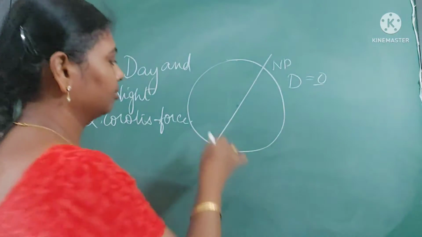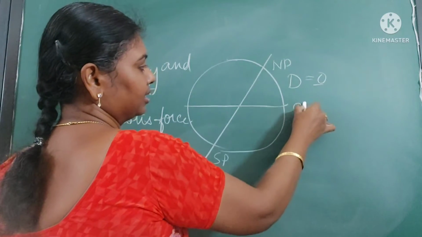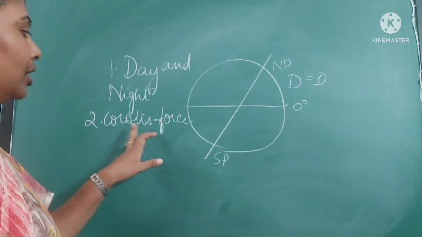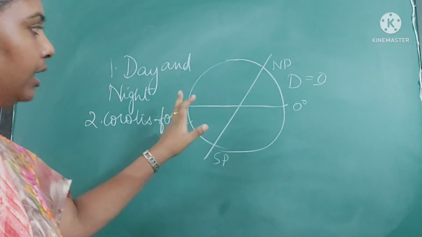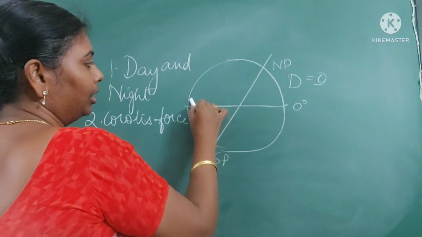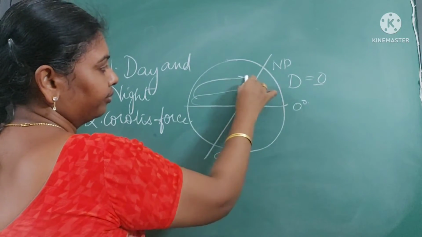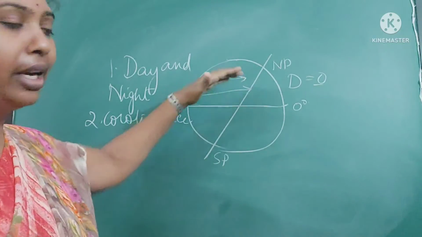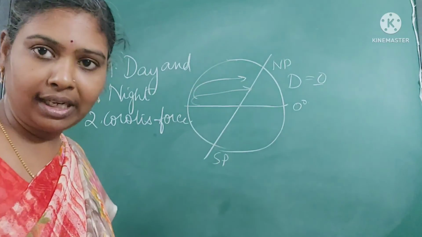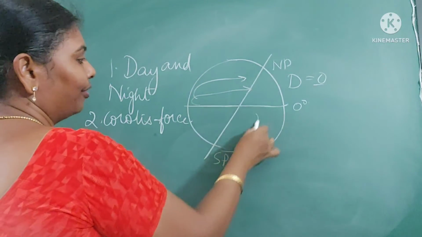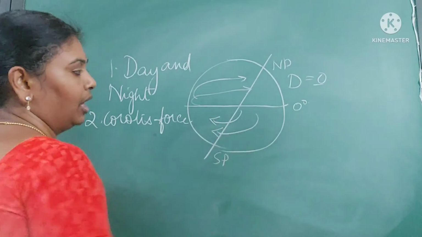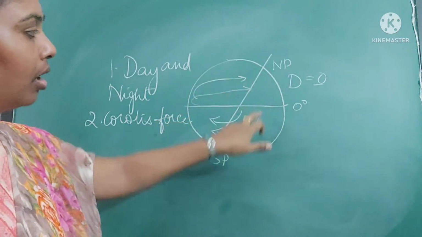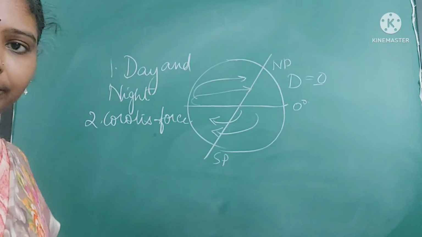Coriolis force means, take for example, this is the equator, 0° latitude. It shows that all the ocean currents and winds keep on moving to the right of their course in the northern hemisphere and to the left of their course in the southern hemisphere, causing a circular motion.